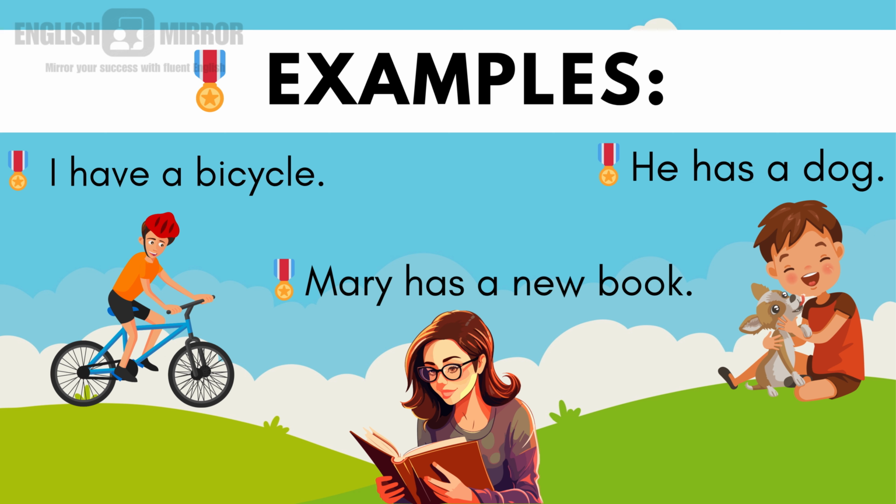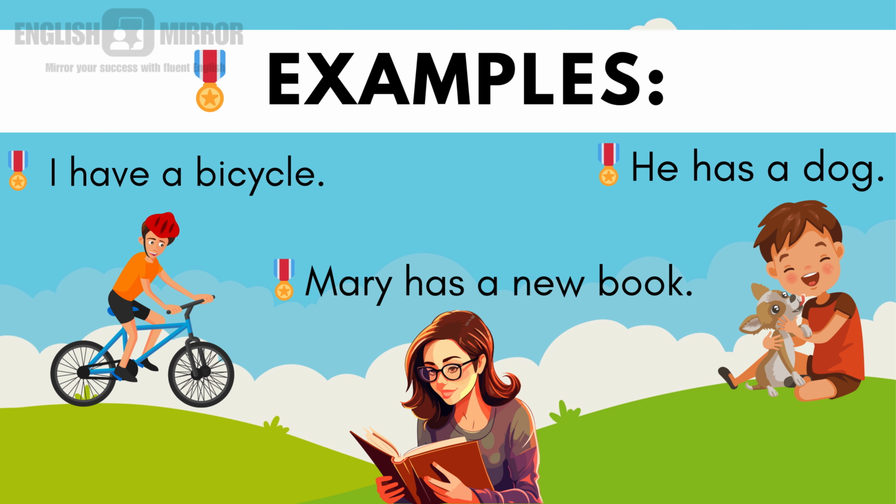Got it? Now this is a different sentence I'll give you. Mary has a new book. That means Mary is a girl, and instead of Mary we can use she, right? Since she is a girl, we can use she. But here we used a name. It's okay.